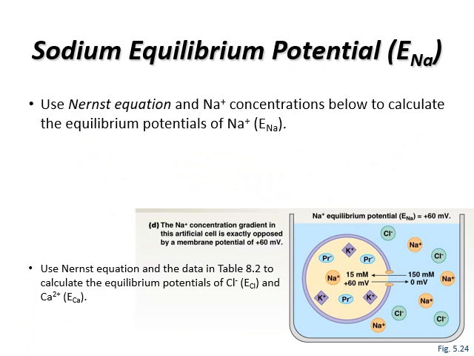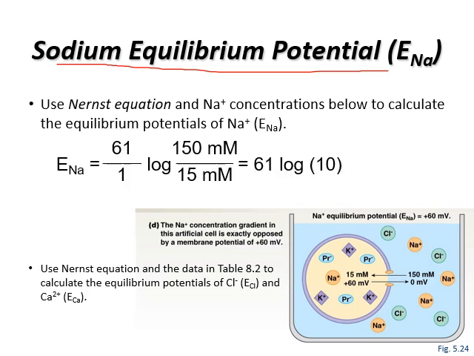Now when we look at the equilibrium potential for sodium, remember sodium is high outside and low inside. We can see it is 61, positive, and we'll use 60 for generality.